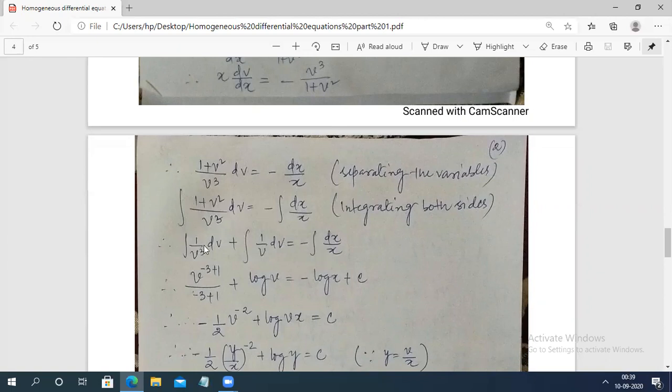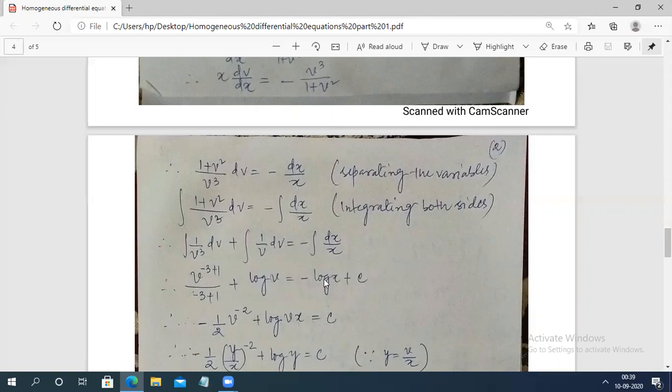Now we can integrate directly by formula: v cube in the denominator means v to the power minus 3, so it will give v to the power minus 3 plus 1, divided by minus 3 plus 1, that is minus 1 by 2 v to the power minus 2. After integrating 1 by v with respect to dv it will give log of v, and in the right hand side this will give log of x, so minus log of x due to this minus sign, plus c, the constant of integration.